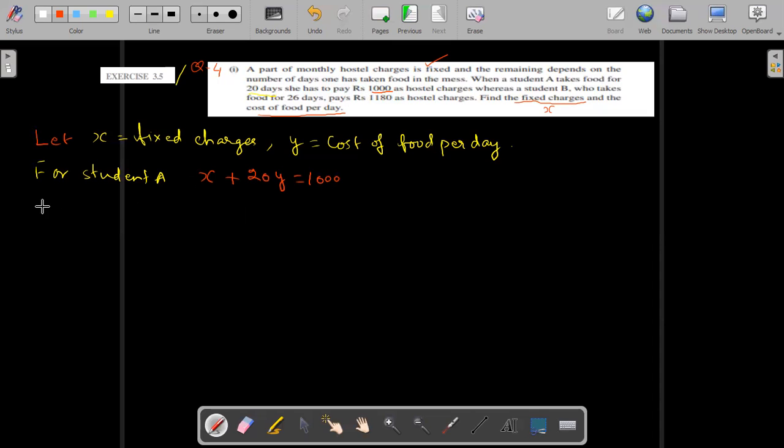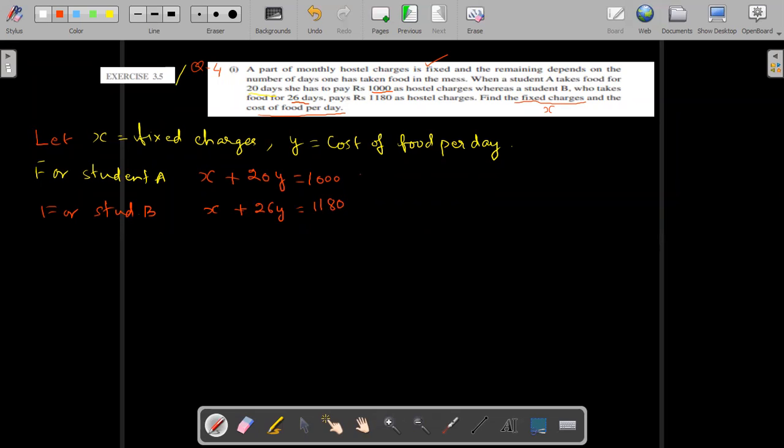Okay. Similarly, for student B, fixed charges everyone has to give. But as he is taking food for 26 days, he has to give 26 into y, and that will be equal to 1180.